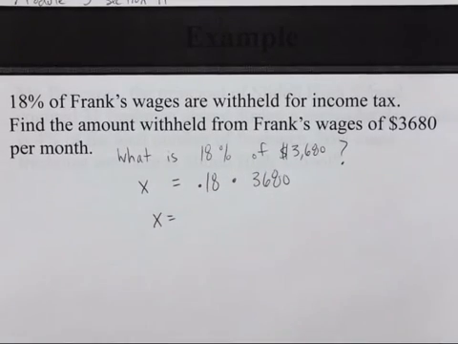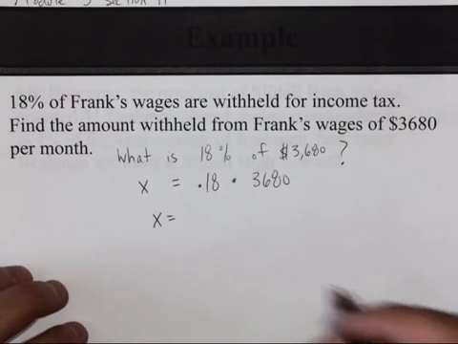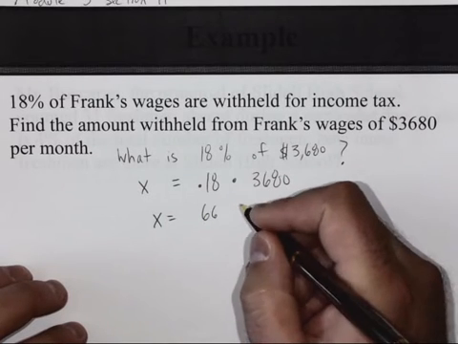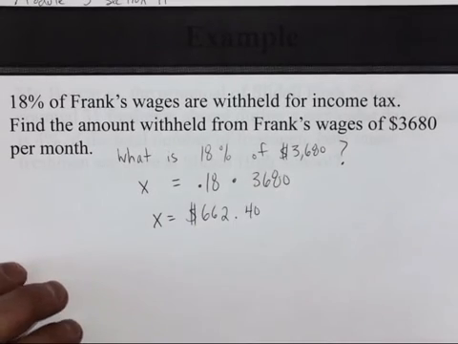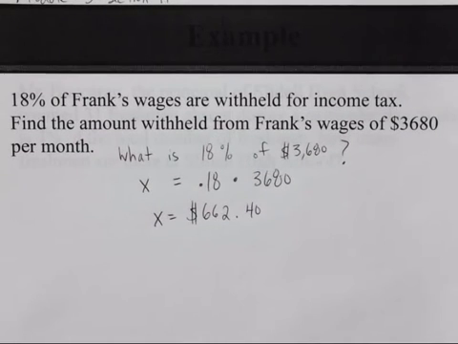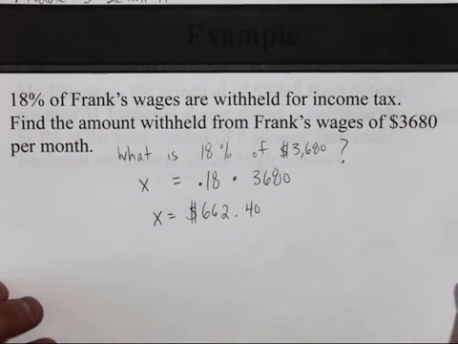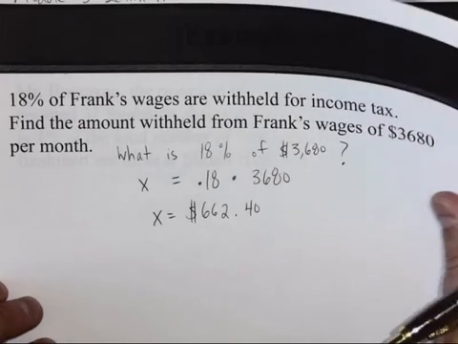If we multiply those two together, we get $662.40. So that's how much taxes he's going to pay each month. Okay.